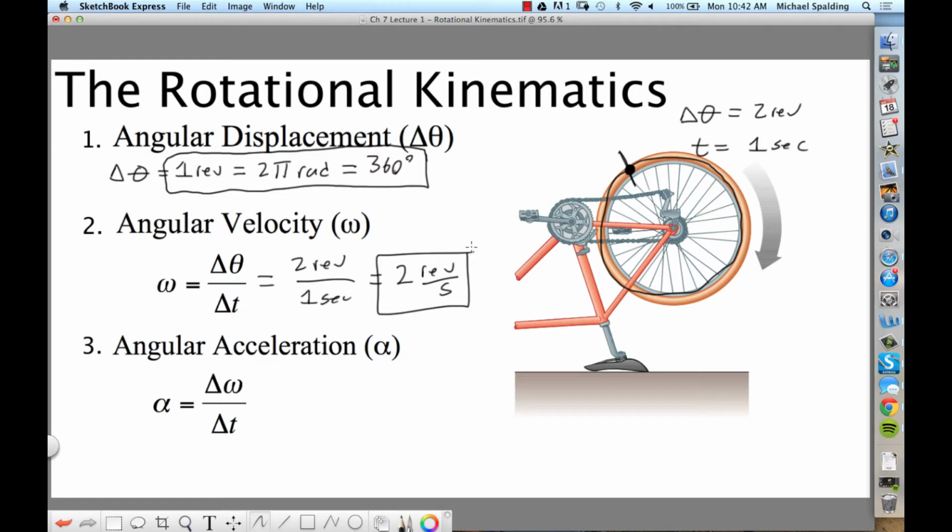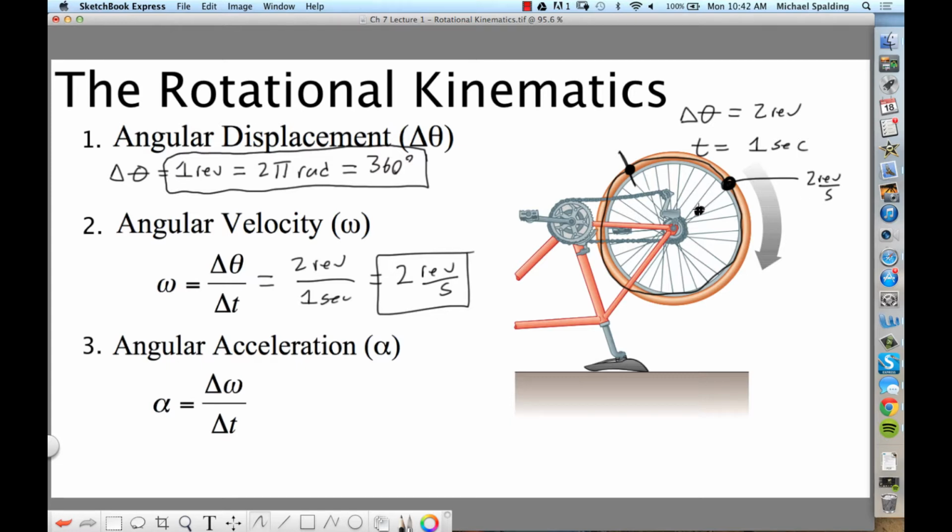Does that make sense? Now what I want you to know about angular velocity is that this point on the edge of the wheel and this point, which is closer to the center, these 2 points have the same angular velocity. What we know about this point, the angular velocity is 2 revolutions per second, meaning every second it goes around twice.